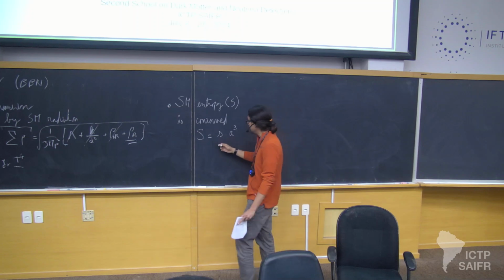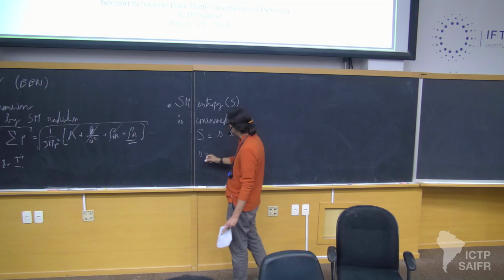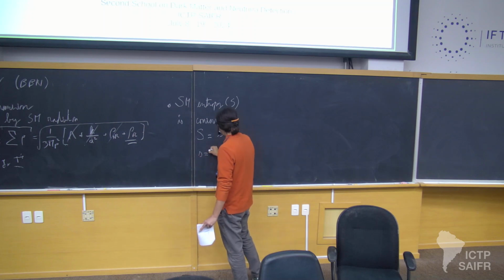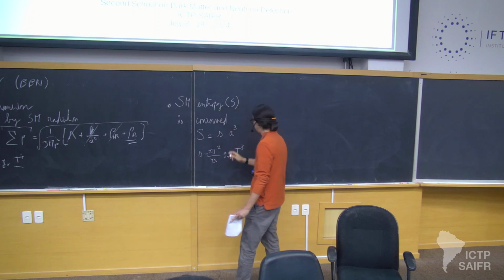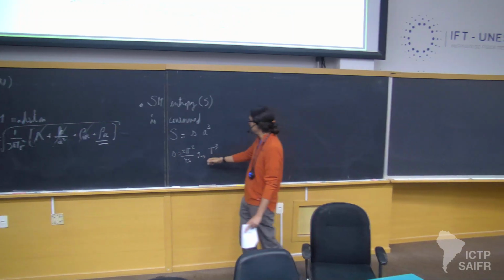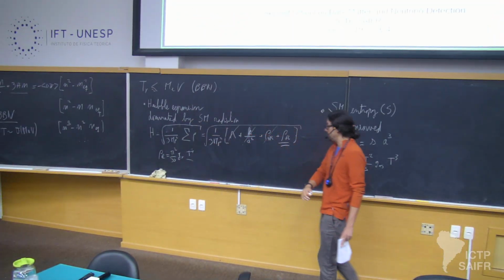And standard model entropy, we also had this expression before, the standard model entropy density is 2 pi squared over 45 g star S T cubed. We had these expressions of entropy density and energy density in the PDF.